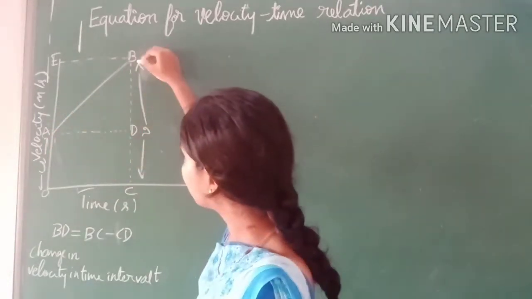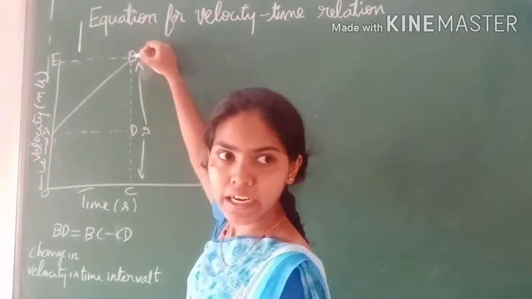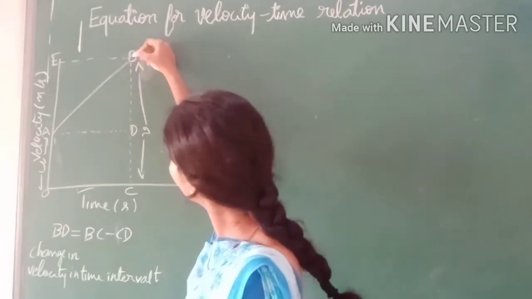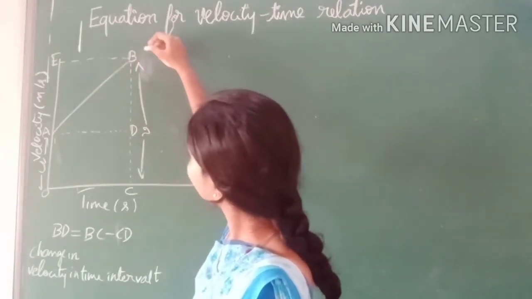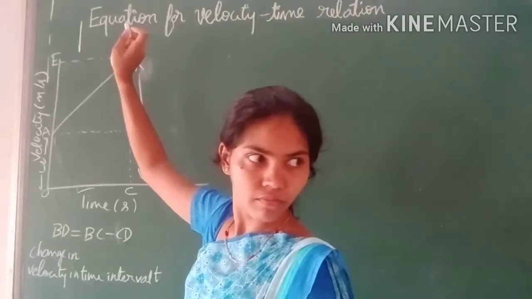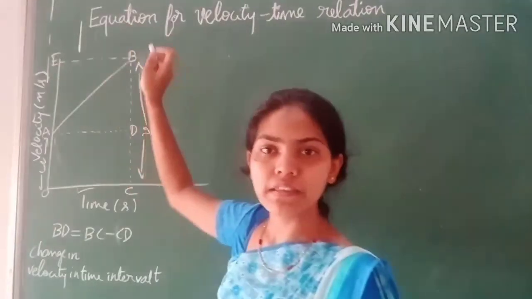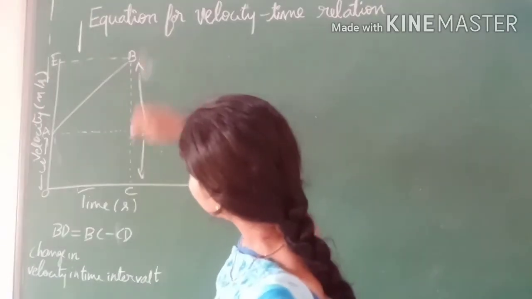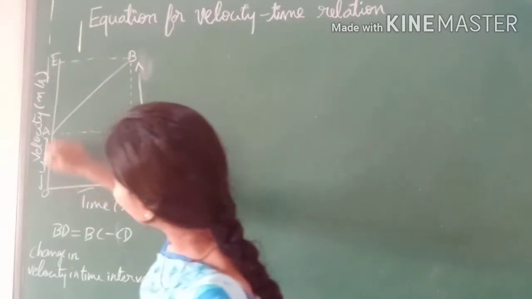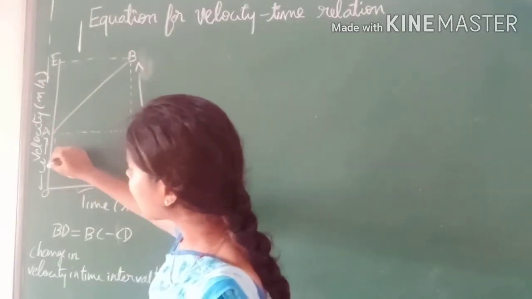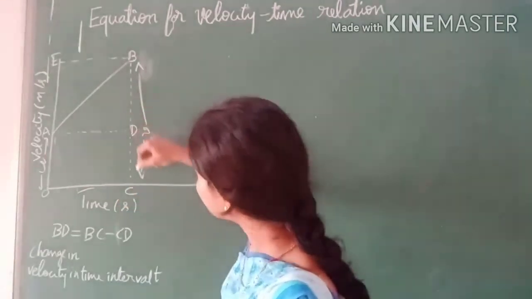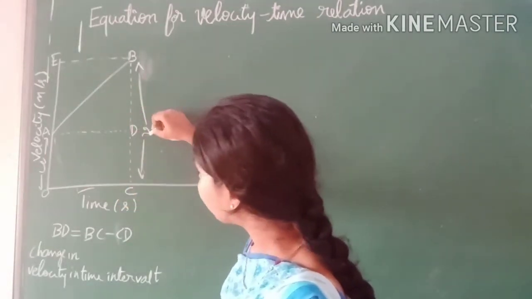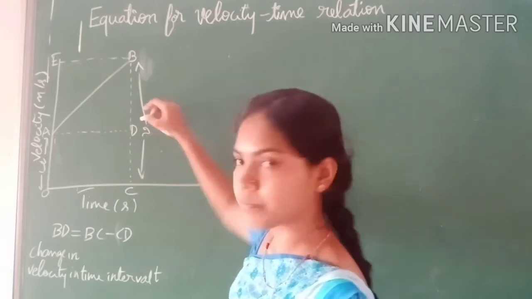And at a particular point, it attained the velocity v. So v is the final velocity of the object. From point O to A, the initial velocity is u, and from point B to C, the final velocity is v here.